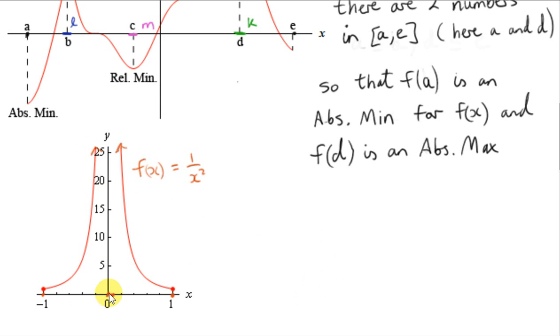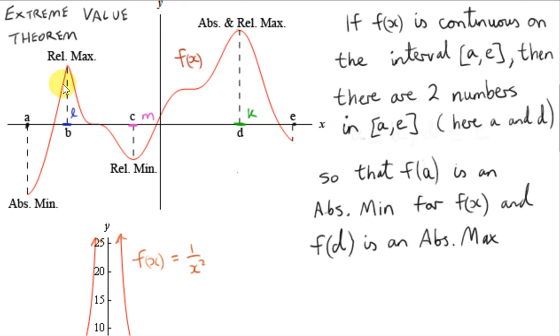We will never reach a limit. We will never get an absolute max on the interval from -1 to 1. However, we do have an absolute min. At -1 we have an absolute min, and we also have one at +1 actually. So the extreme value theorem doesn't hold here, because for this function f of x equals 1 over x squared, f of x is not continuous.